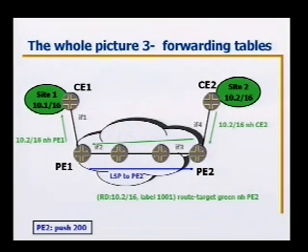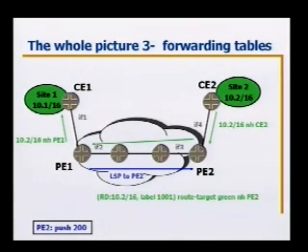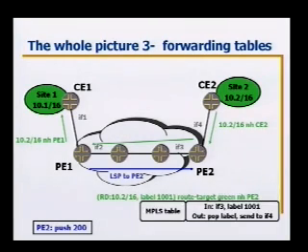So first of all, we have the advertisement between PE2 and PE1 for the route 10.2/16 with a route distinguisher attached to it and the label 1001. The label 1001 is the way that PE2 is informing everybody: if you want to send traffic to me for VPN green, send it with label 1001 so that I know that it belongs to VPN green.